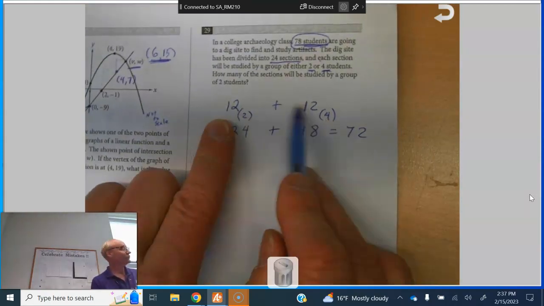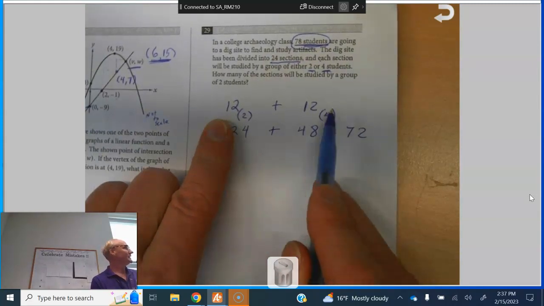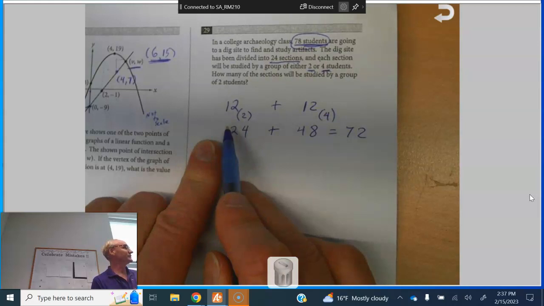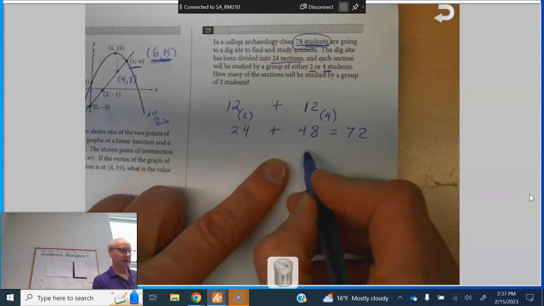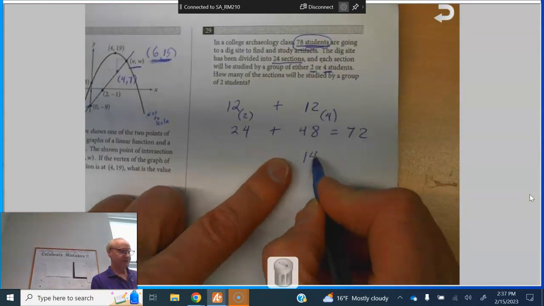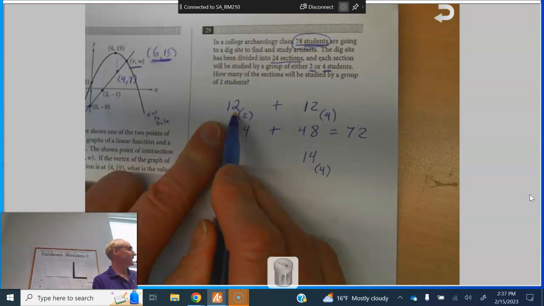Do y'all see that this is 12 and 12 makes 24 sections in all? So do I need more groups of 4 or more groups of 2? More groups of 4. I'll try 2 more. 14 groups of 4, and I'm only going to have 10 groups of 2.